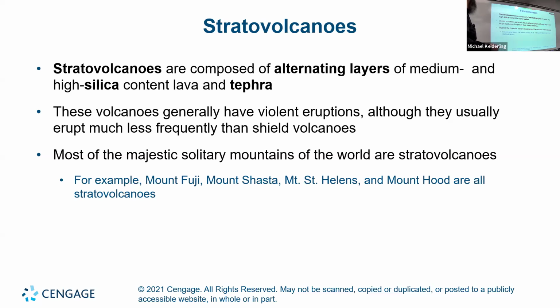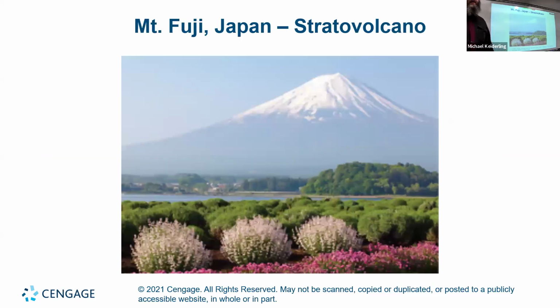And most of the majestic solitary mountains of the world are stratovolcanoes. So things like Mount Fuji, Mount Shasta, Mount St. Helens, Mount Hood, Mount Kilimanjaro. These are all stratovolcanoes. Big conical mountain with fire coming out of the top in the middle of nowhere. That's a stratovolcano. Your classic volcano, when you think volcano, is a stratovolcano.